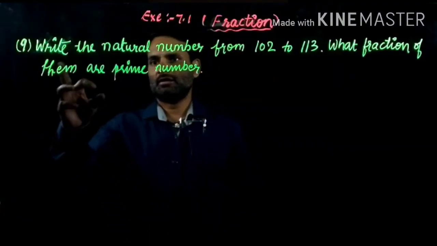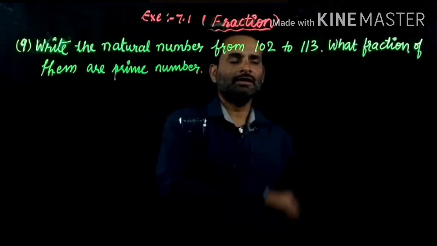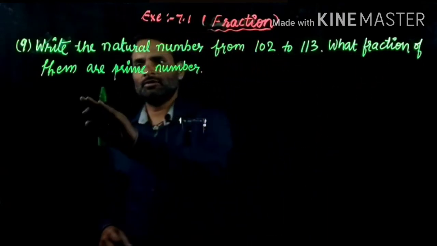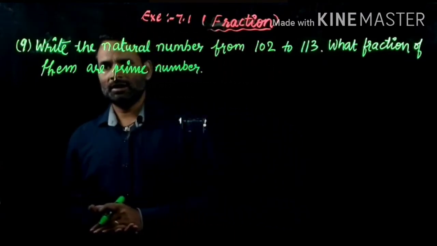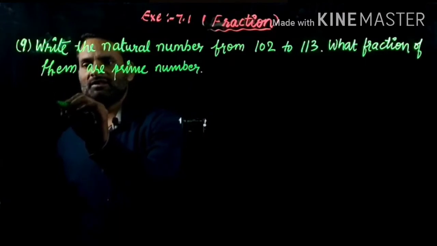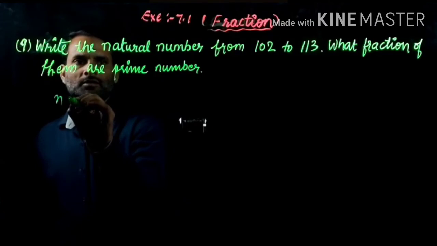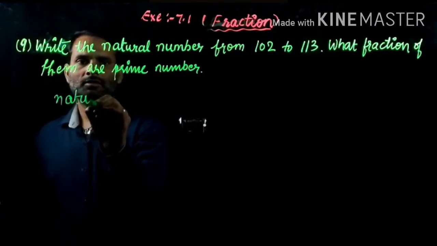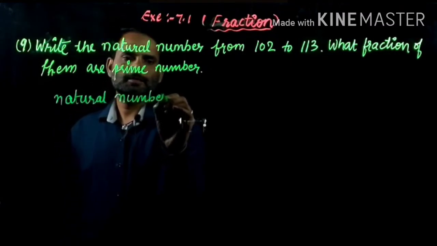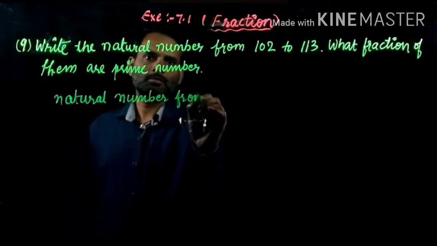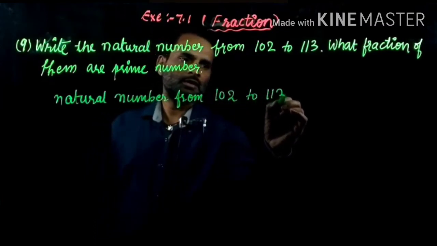Question number 9: write the natural numbers from 102 to 113 and find the fraction of prime numbers. The question is similar to question number 8. So first you write the natural numbers from 102 to 113.